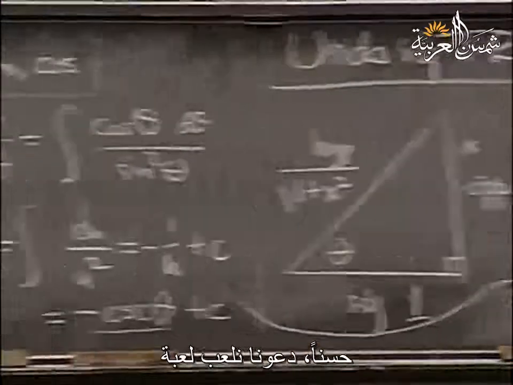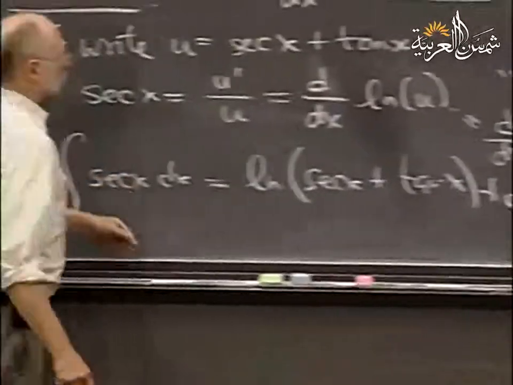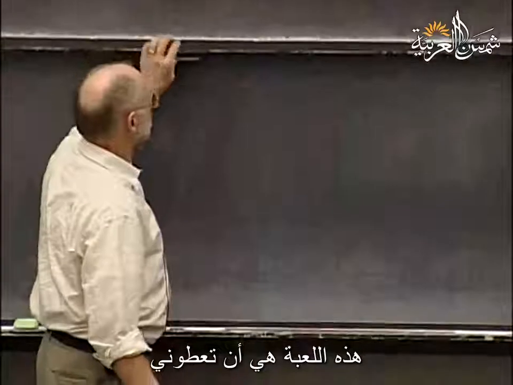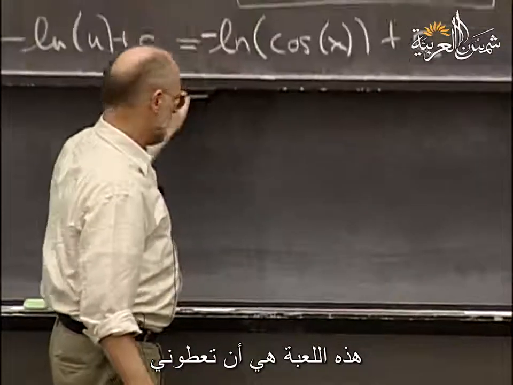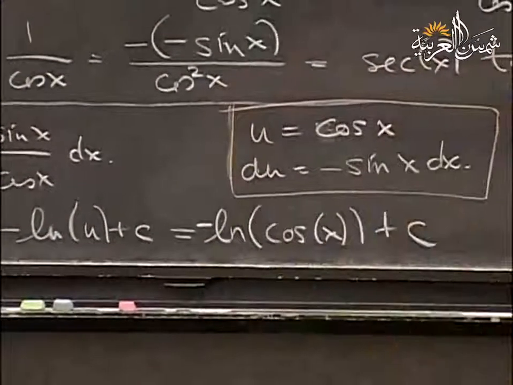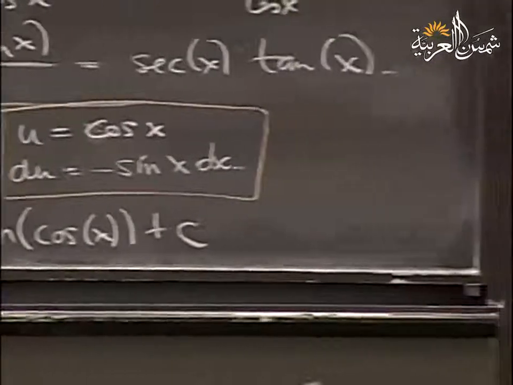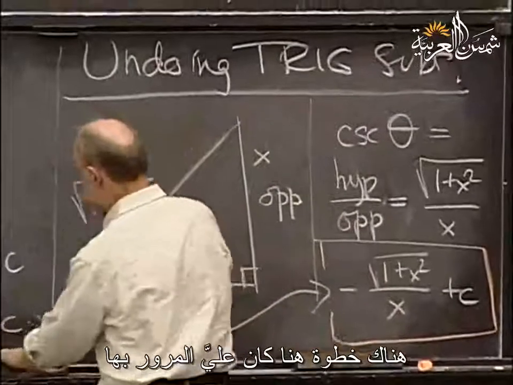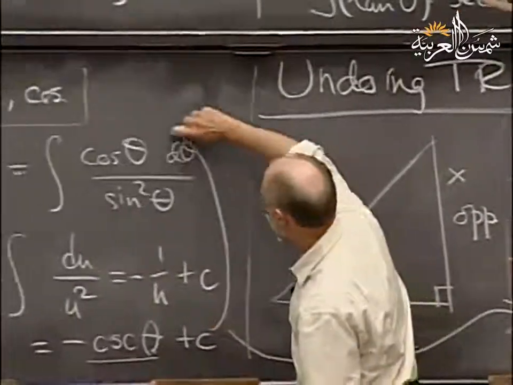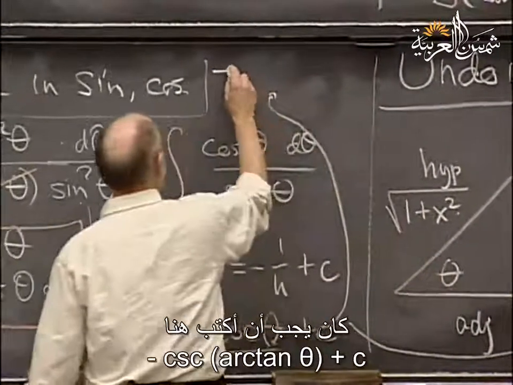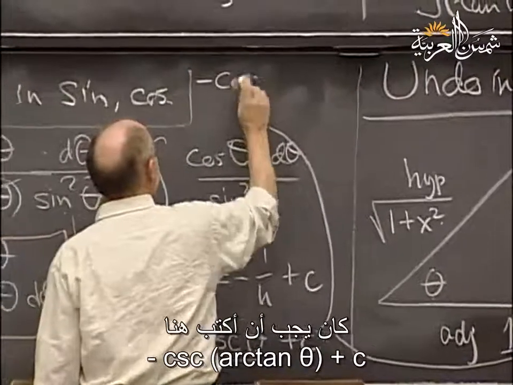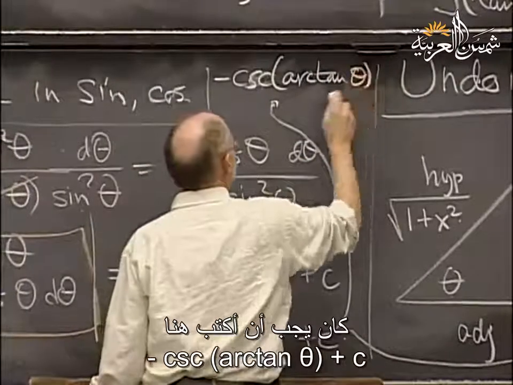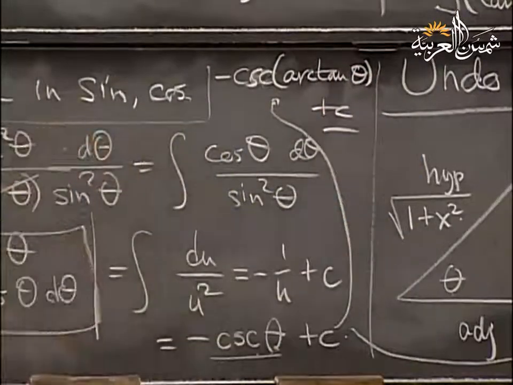So let's play a game here. There's a step in here that I should have done. I should have said this is minus the cosecant of the arctangent of x plus a constant.